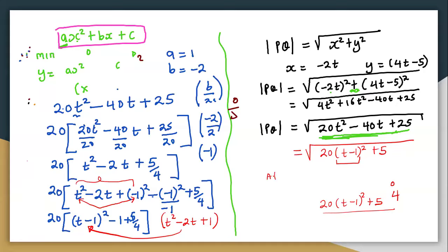So at minimum distance, t minus 1 squared is equal to 0. What does it mean? It means that everything here vanishes, and therefore our PQ will remain inside. Since this one has gone to 0, we shall have the 5 inside. And that's how we prove it.